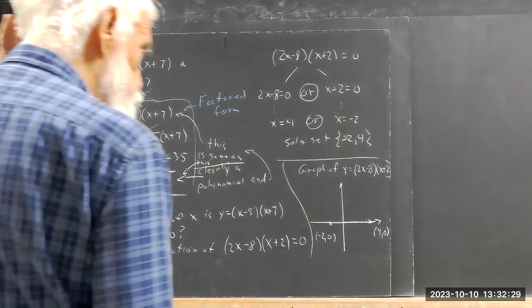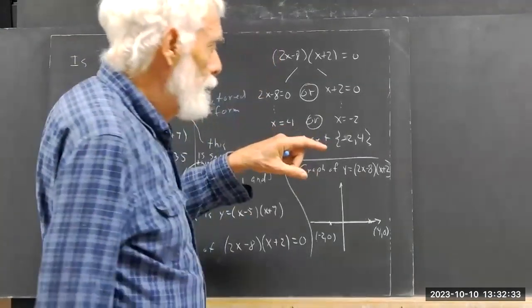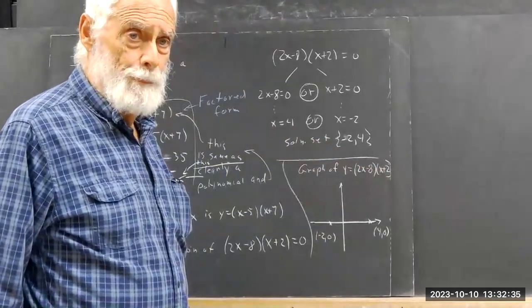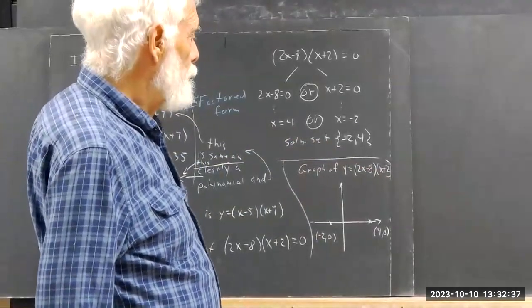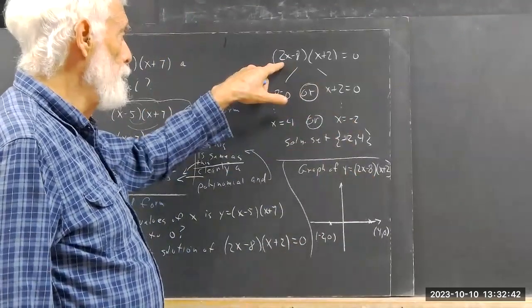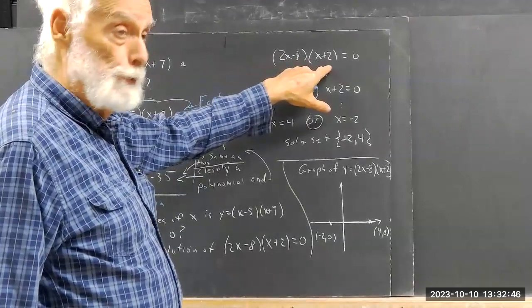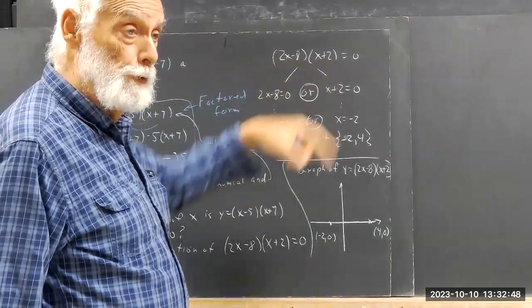Well, what if x equals 0? If x equals 0, we'll point to this one up here because it's a little easier to read. If x equals 0, this gives us -8, and this gives us 2. And -8 times 2 is -16.